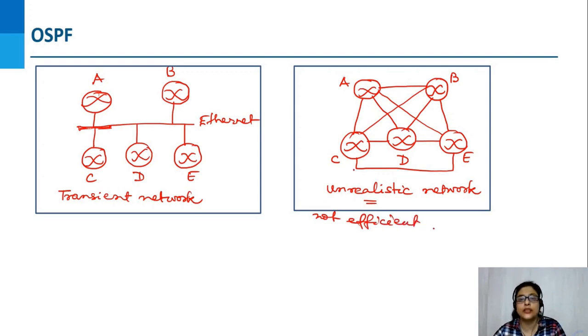Why is this unrealistic? Because we can see here that all the routers are connected to all other routers. Here, let us look at this router. C is directly connected to E, and C can be indirectly connected to E via node D. So this is very much unrealistic, and it is not also efficient because the router will be confused as to which way to route the data.